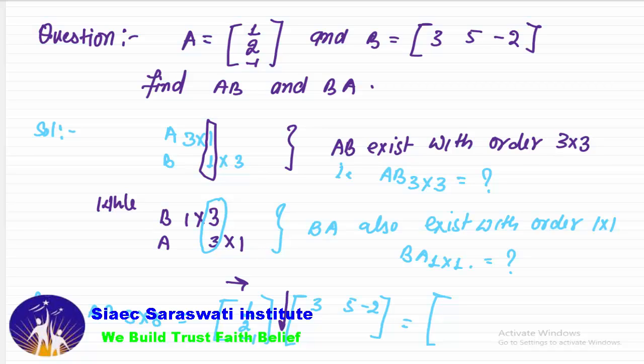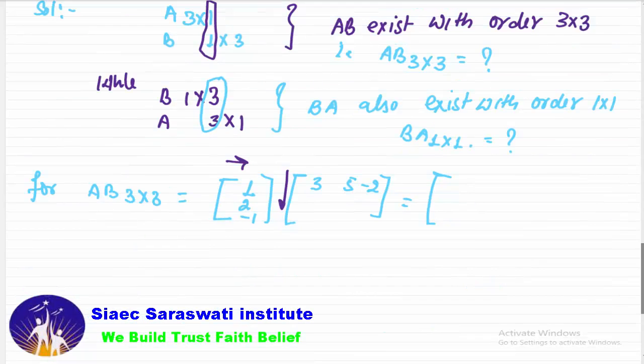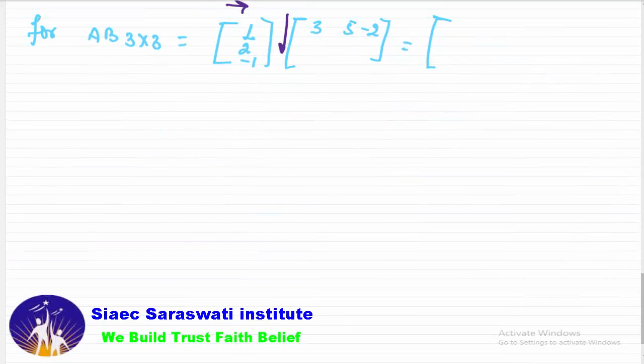So the elements will be 1 into 3, 1 into 5, and 1 into minus 2.